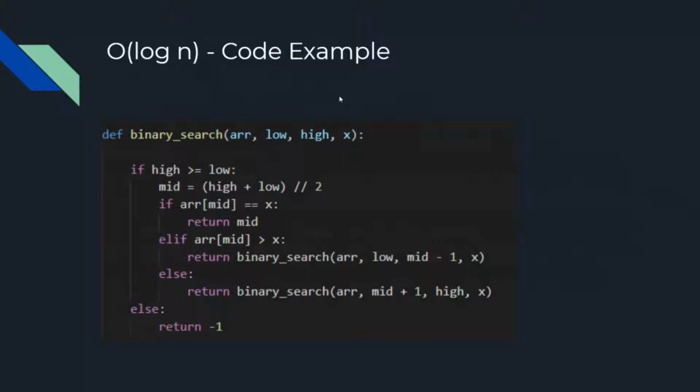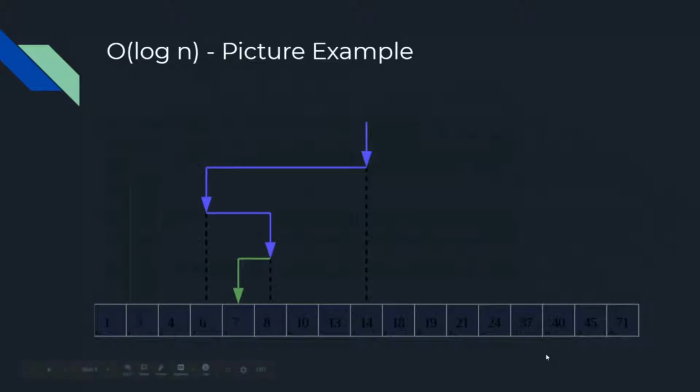So basically, if I show you this, it will be much simpler. If you pass it this array, binary search starts in the middle and decides. I should mention that binary search only works on sorted arrays. If it's unsorted, you have to sort it first. So if you're looking for 7, it goes, okay, we'll start at the middle, 14. Is 14 greater or less than 7?